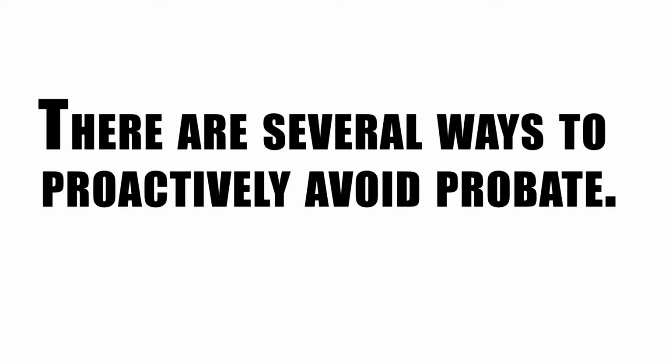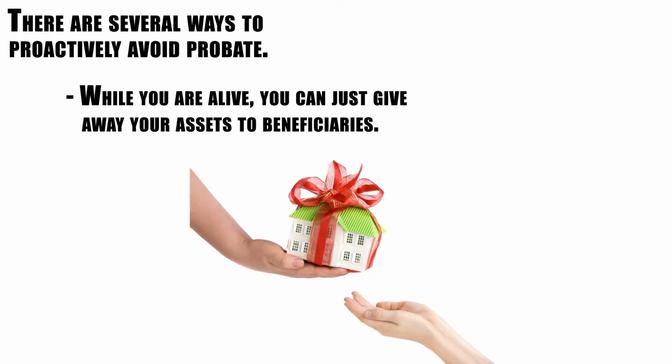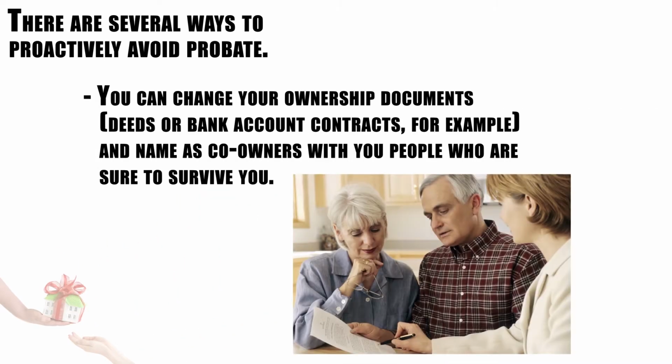A few final summary points in this introductory presentation. There are several ways to proactively avoid probate. For instance, while you are alive, you can just give away your assets to beneficiaries. Or you can change your ownership documents, deeds, or bank account contracts, for example, and name as co-owners with you people you are sure to survive you.